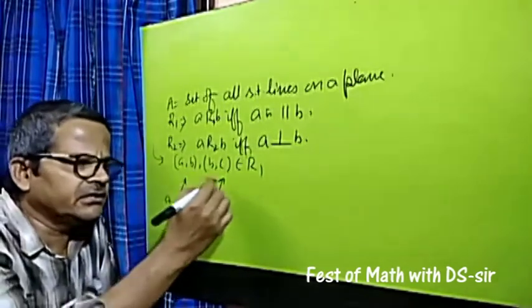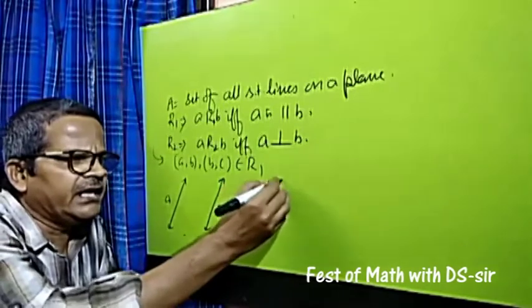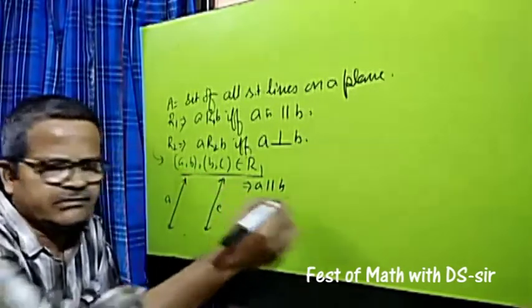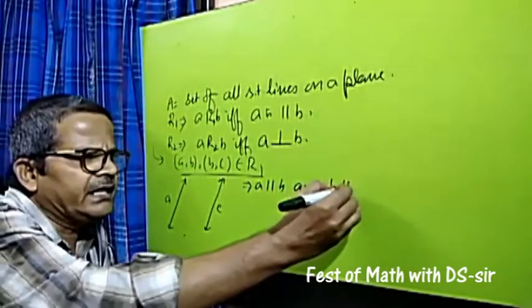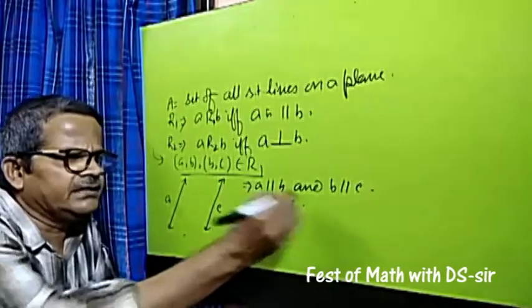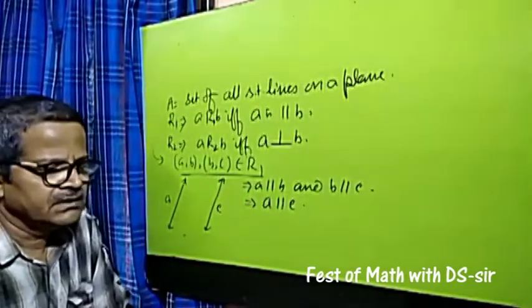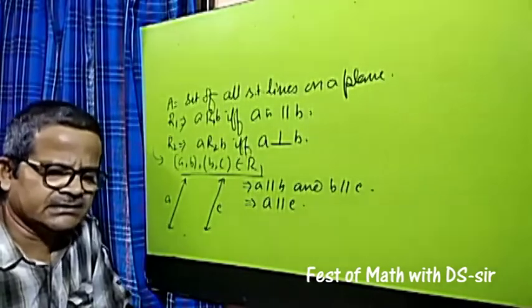We write it like that: A parallel to B and B parallel to C implies A parallel to C.